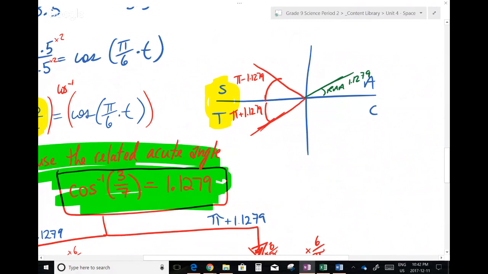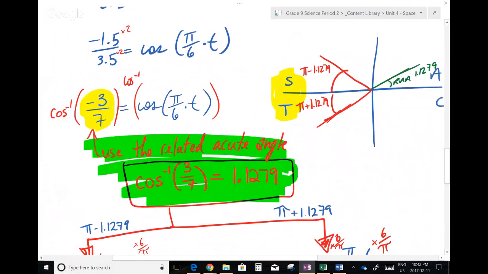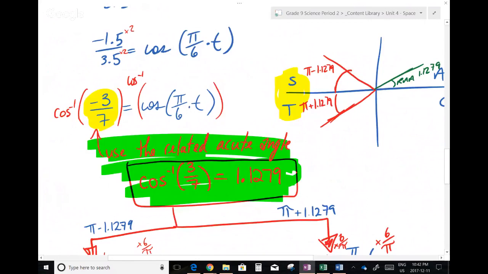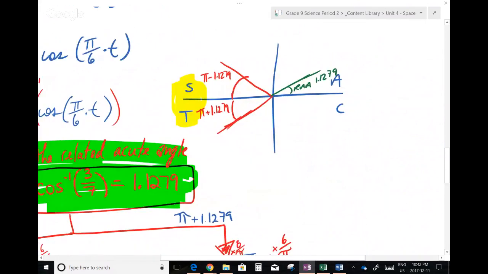And then what we basically say is, okay, the actual angles we're looking for are where cosine is -3/7. Well, cosine is negative where? Cosine is negative in quadrants 2 and 3. So I'm going to take that related acute angle up into quadrant 2 and down into quadrant 3, and I'm going to get two solutions.